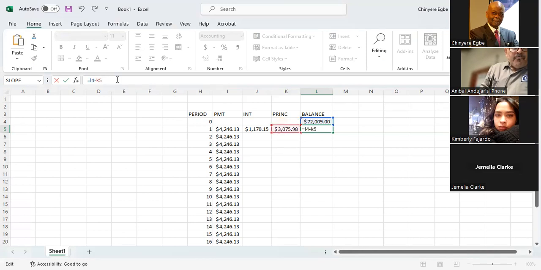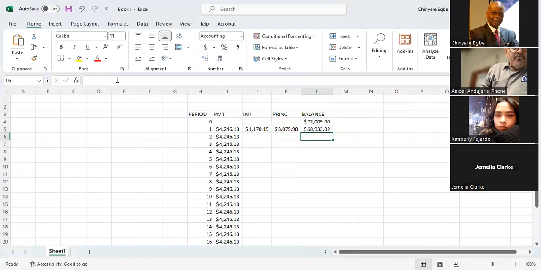Your balance is the previous balance minus the amount that is paid to the bank beyond interest, the amount credited to principal. And so now your new balance is 68,933.